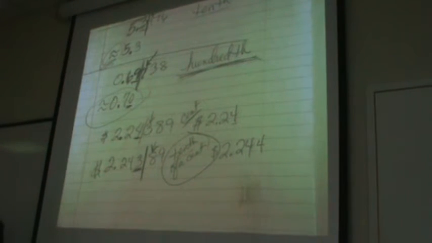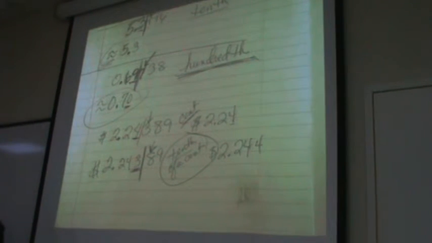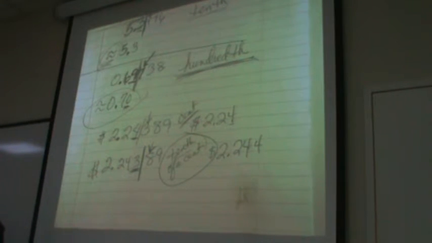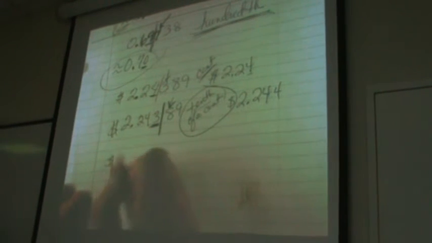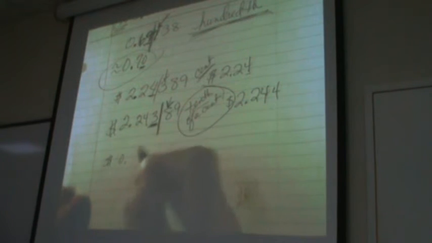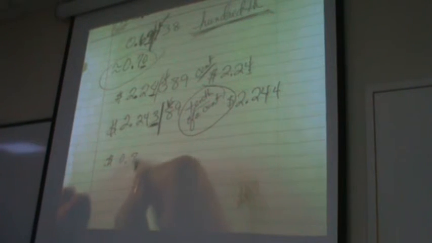Okay, let's go rounding it to the nearest 1, or to the nearest dollar. Let's say we have 0.72.